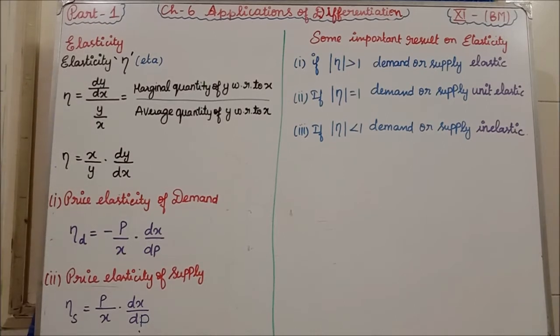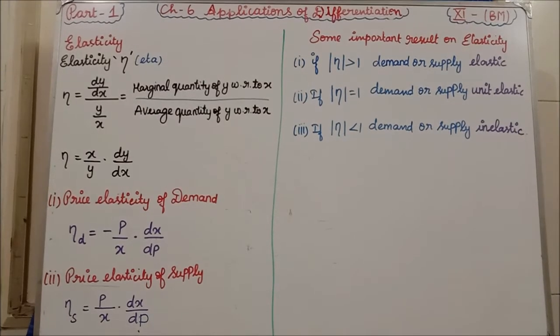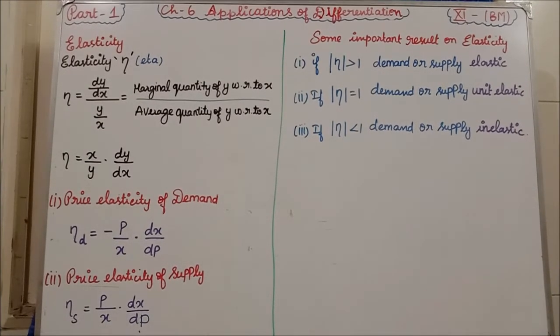Now some important results on elasticity. If the eta value is greater than 1, then the quantity demand or supply is said to be elastic. Like this, questions will be asked in the exercise. After finding the eta value, if it is greater than 1, it is elastic. If you get the answer equal to 1, then it is unit elastic.